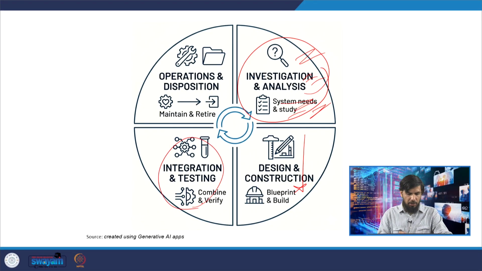Then integration and testing, so that you are ready for that information system to be integrated into your existing information system, or in the production environment there should not be issues. So, that integration and testing is important. Then operations and disposition, so it will be deployed in the production or field setting, and then eventually maintained and retired. So, these are the different life cycle stages for a system.